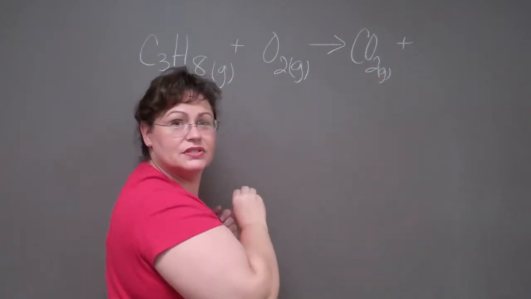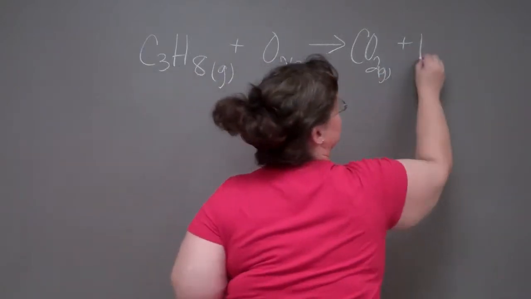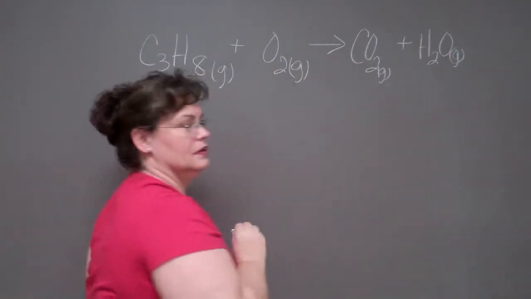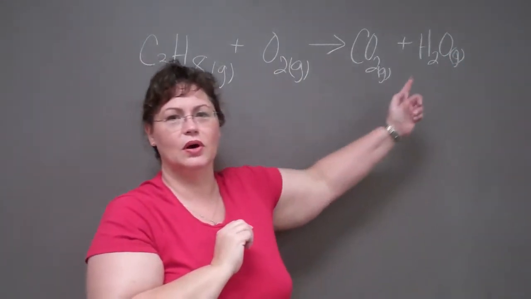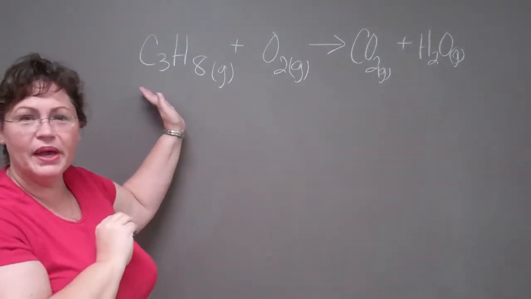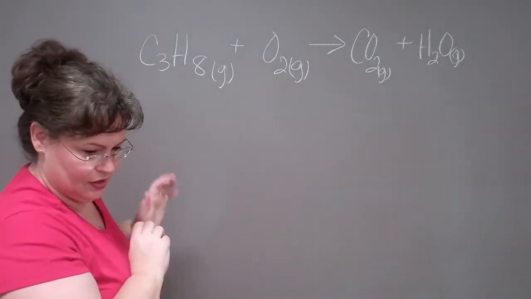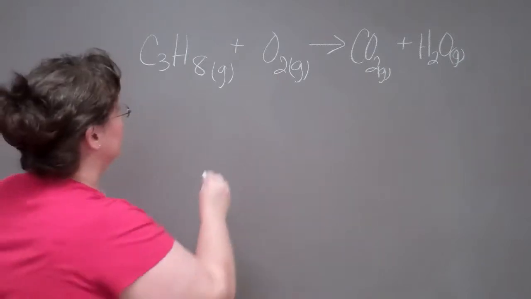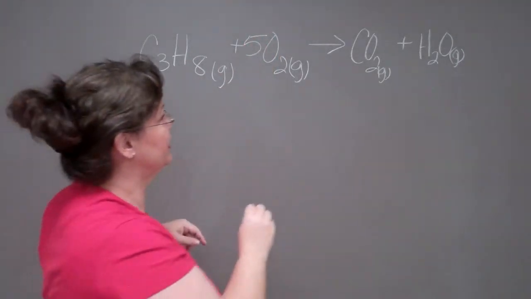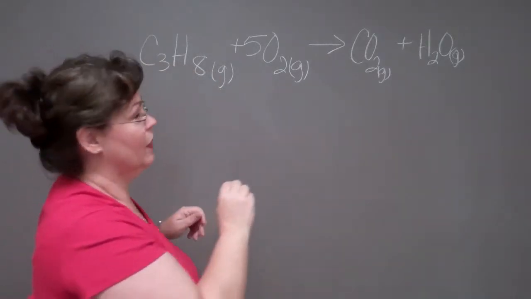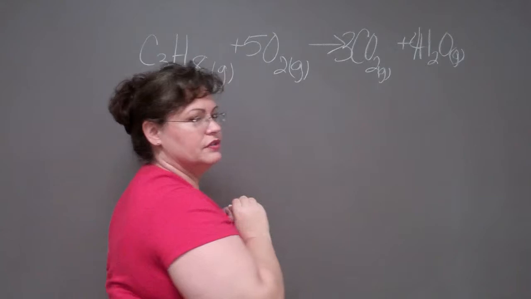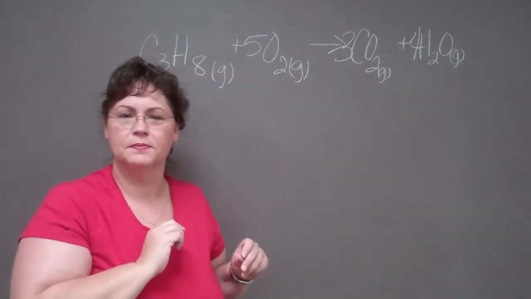That will produce CO2 and water. At the temperature of that reaction, the water will be a gas. We have to balance our chemical equation. For this particular equation, it requires 5 oxygens to react with our propane to give us 3 CO2s and 4 waters.